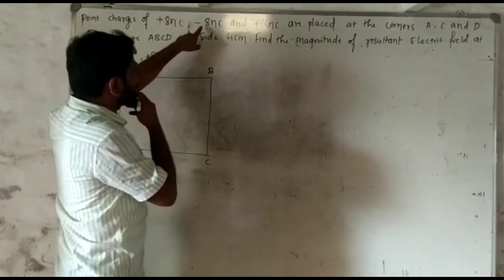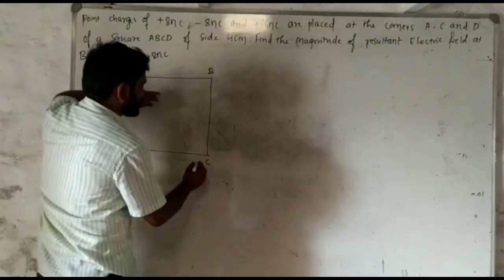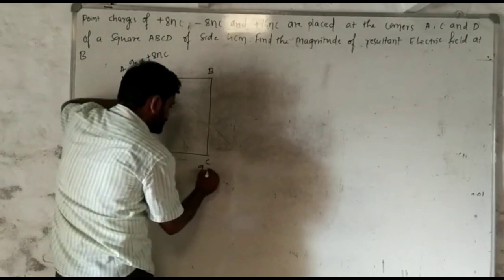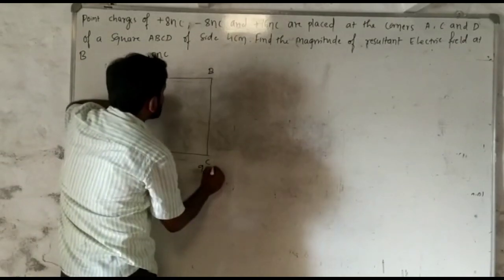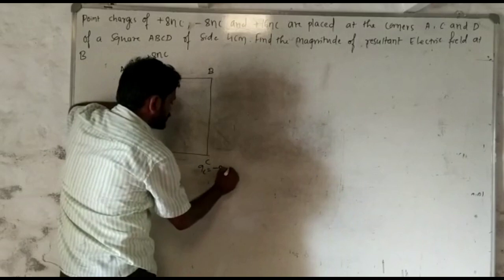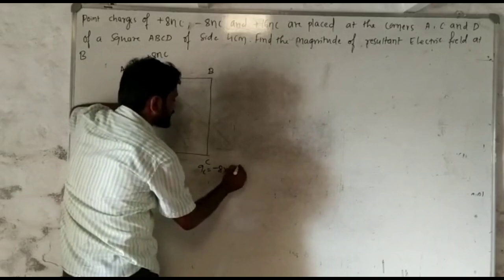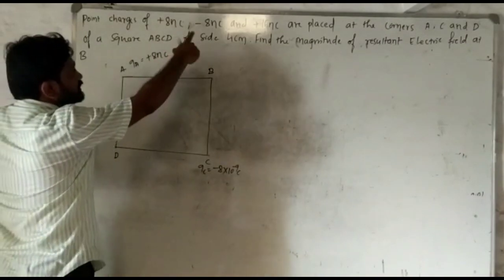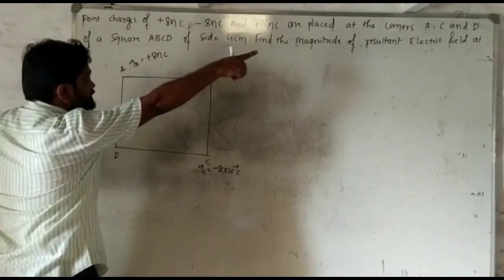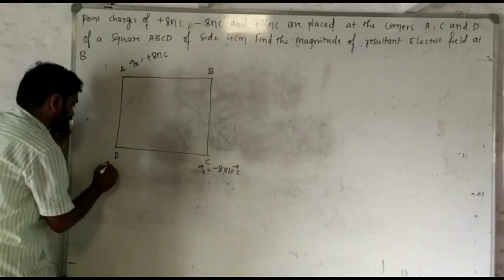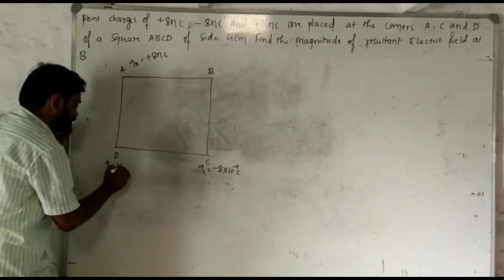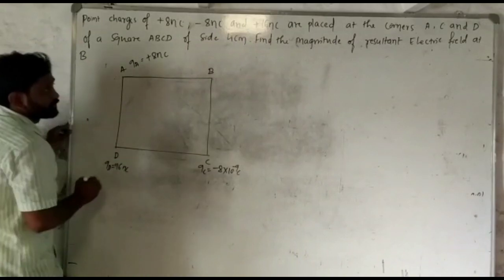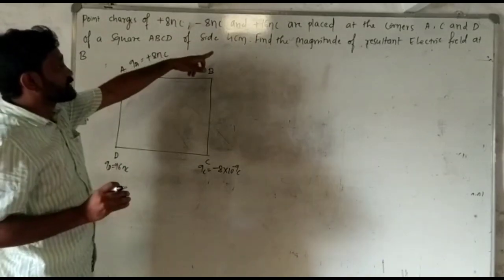The minus 8 nanocoulomb placed at C we call QC, equal to minus 8 into 10 raised to minus 9 coulomb. And plus 16 nanocoulomb is placed at D, we call QD, equal to plus 16 nanocoulomb.